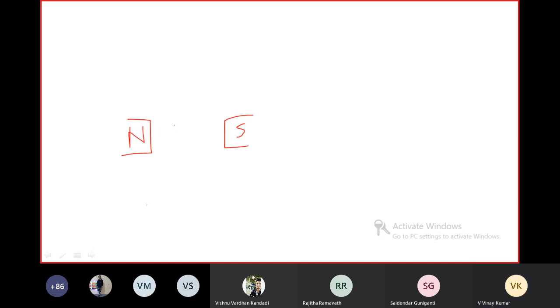Let me place one coil. This is one conductor. This is another conductor. Two conductors will constitute one coil. Okay, this is one coil. In order to collect voltage across this coil, let me place R load across this.